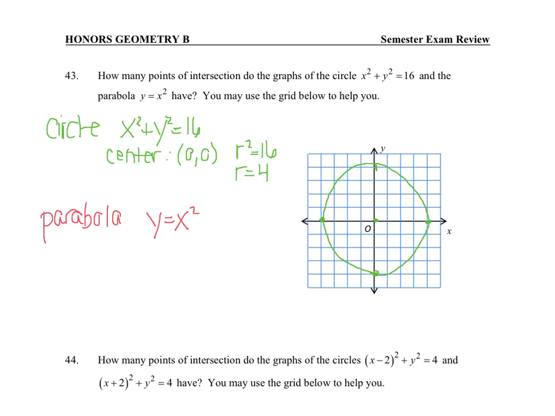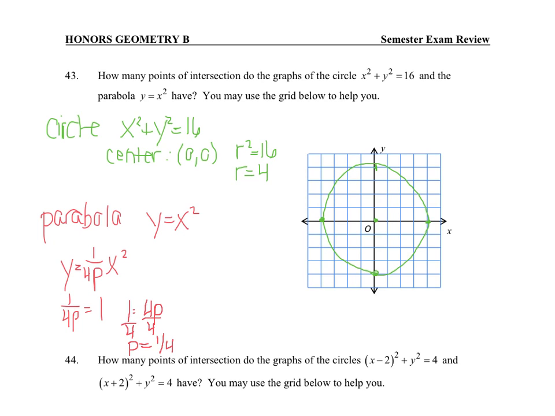Well, remember that the equation of a parabola is y equals 1 over 4p x squared. So 1 over 4p must equal 1 because the coefficient of x squared right here is 1. So if I cross multiply, I'm going to get 1 equals 4p, divide both sides by 4, and p is going to equal 1/4.